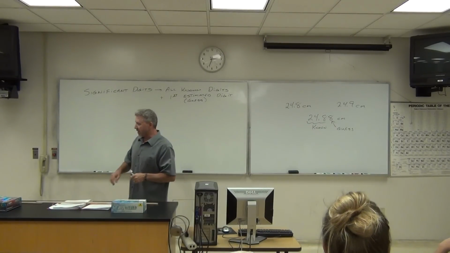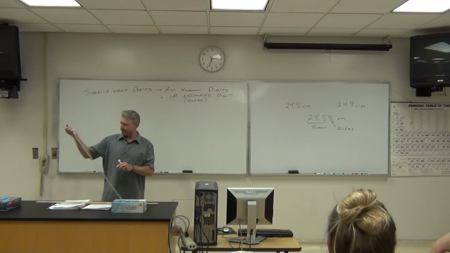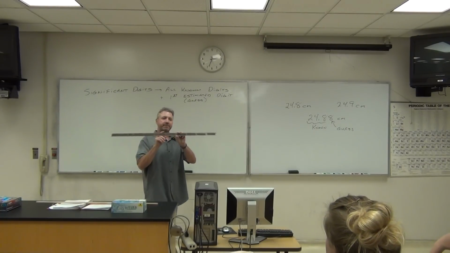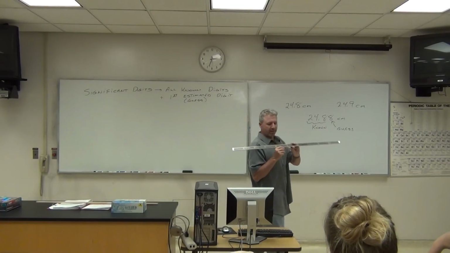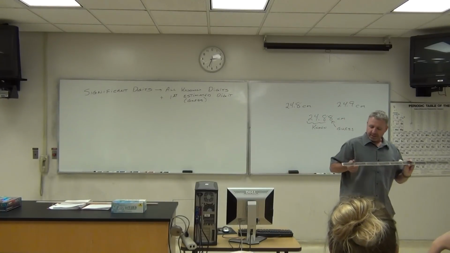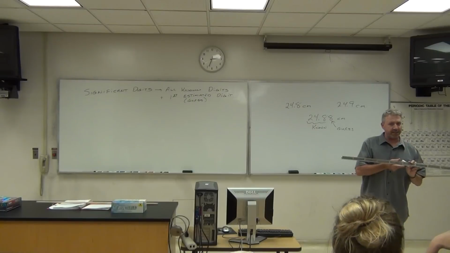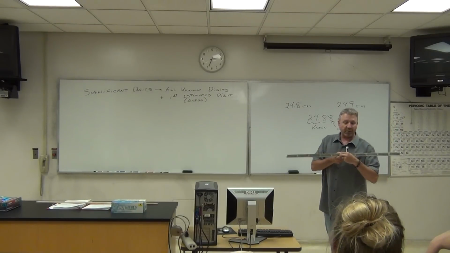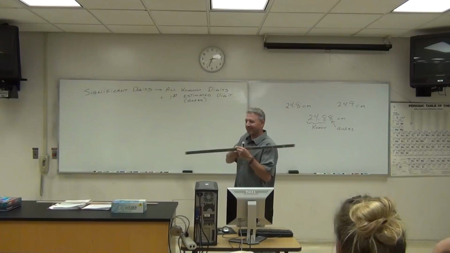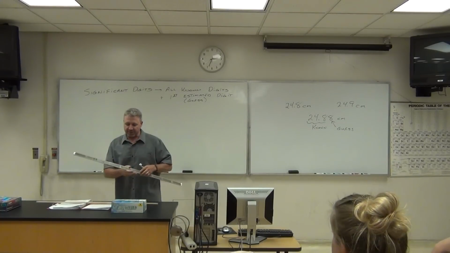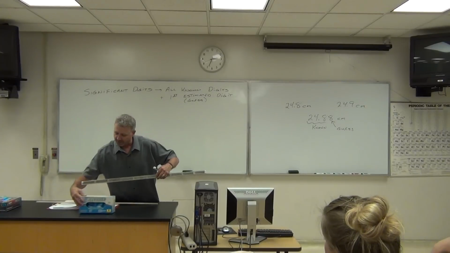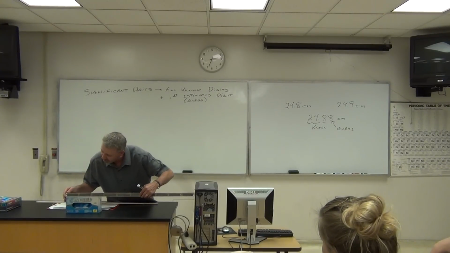Okay. Then we take another instrument. It's like this. Now this one only has marks at 10, 20, 30, 40, 50, 60. The other ones are there, I just covered them with tape. Right? So we're going to measure this thing again using our new instrument.